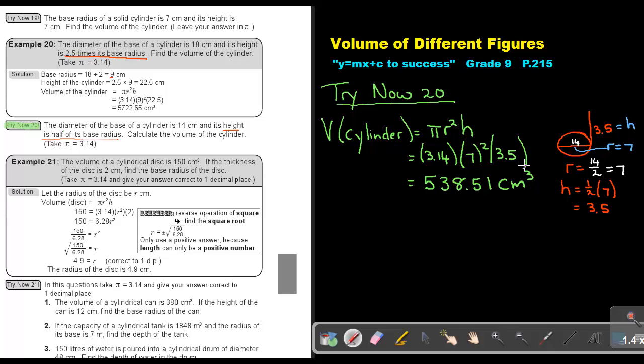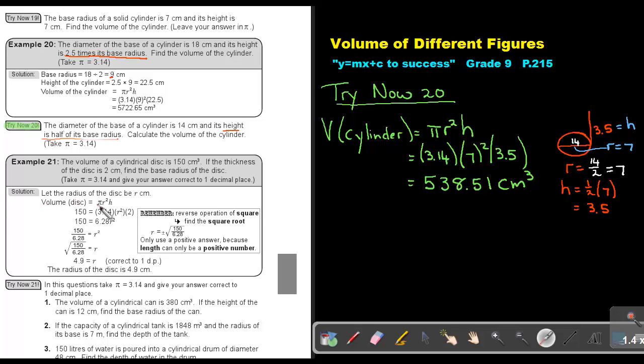Okay, let's go through example 20. The volume of a cylinder. Oh, now they give you the volume. If the thickness of the disc is 2, now that is actually the height. Find the base radius of the disc. Take pi as this and give your answer correct to 1 decimal place. Okay, now let's start with the formula as we know it.